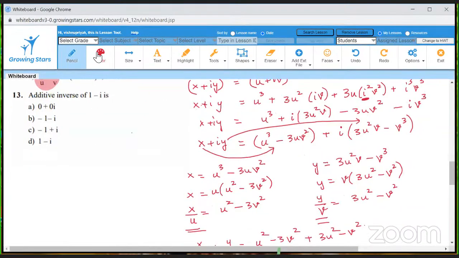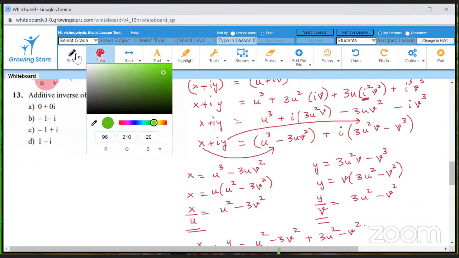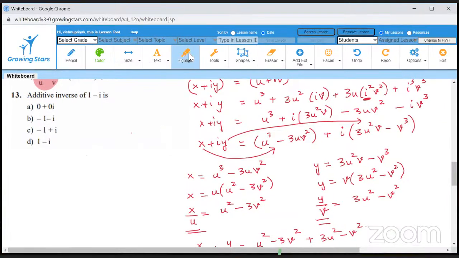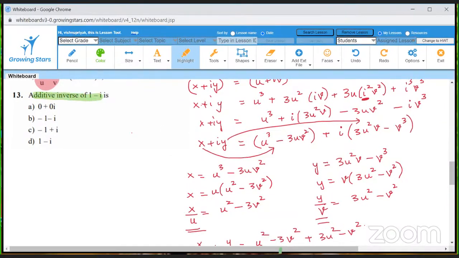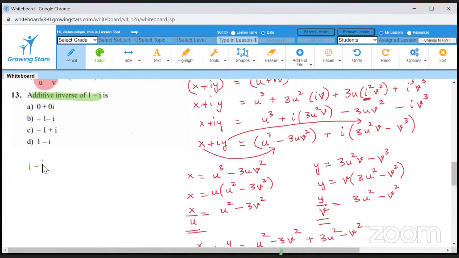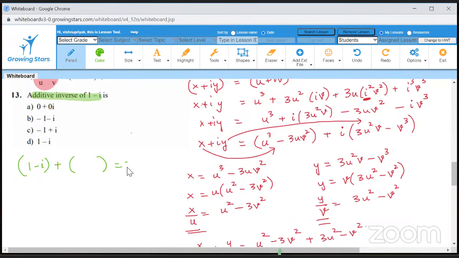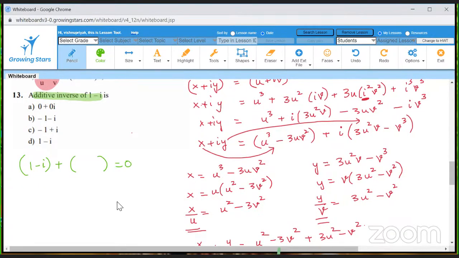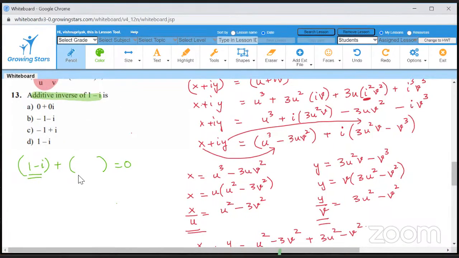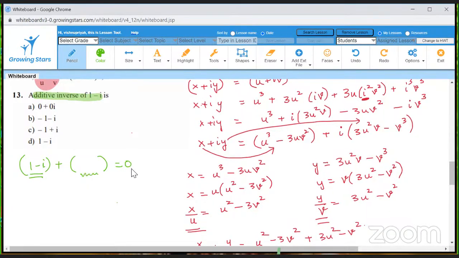Okay, question number 13. Additive inverse of 1 minus i. What is additive inverse, first of all? Additive inverse means if you add something, you must get 0. Kirtana said C. Let us see whether we are correct or not. Additive inverse means to 1 minus i, if you add something, you must get 0.